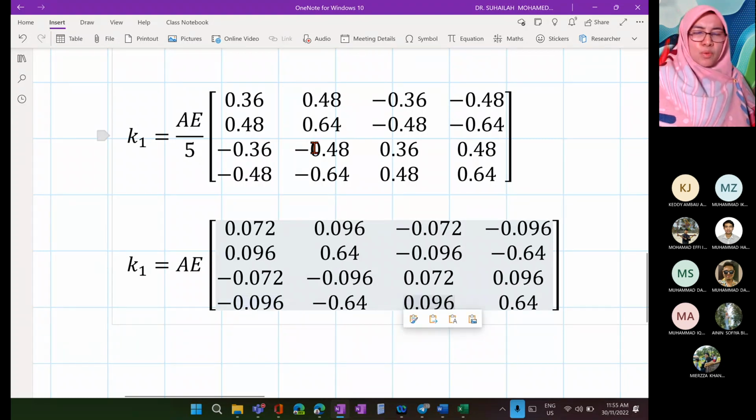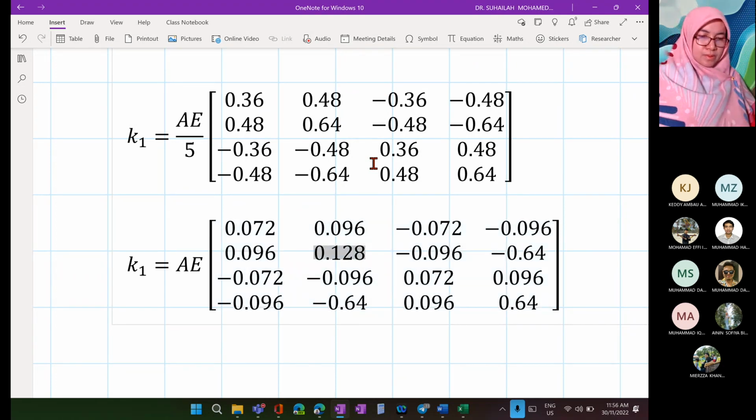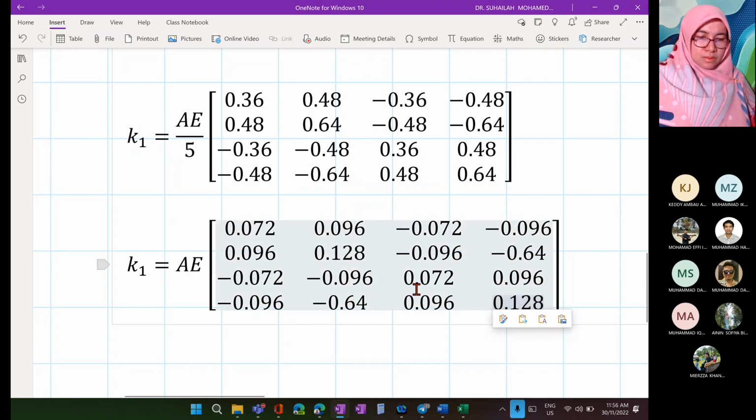Okay, what about 0.64 divided by 5? 0.128. This one is negative.